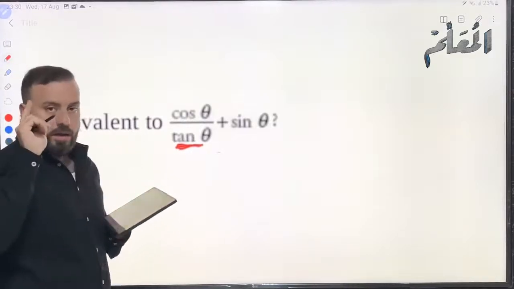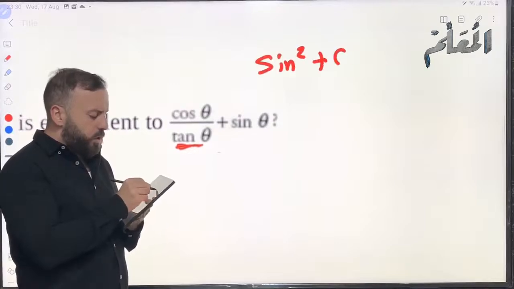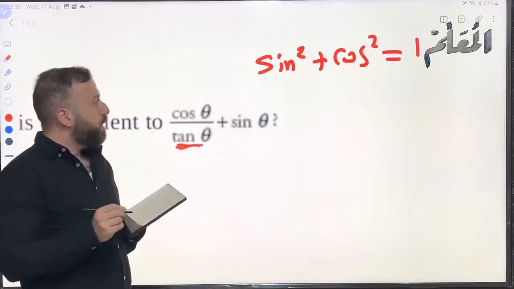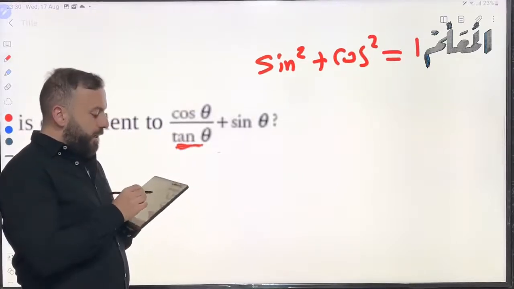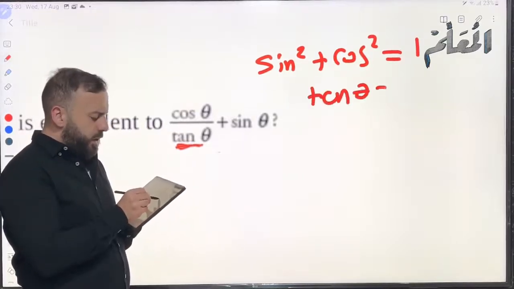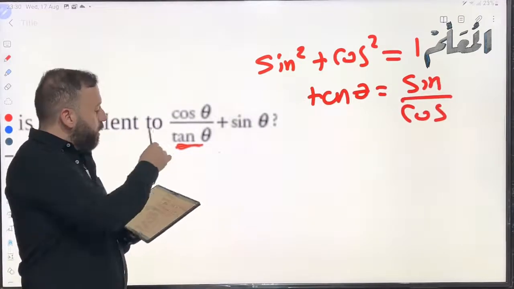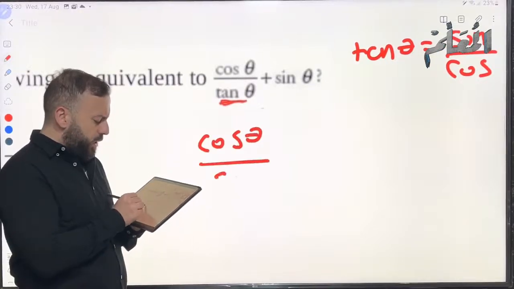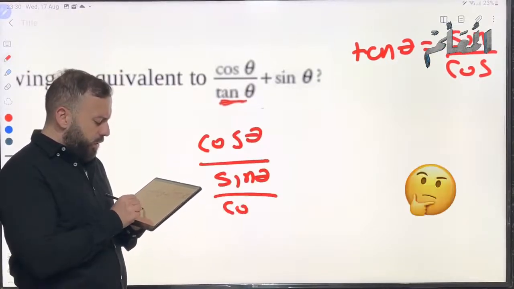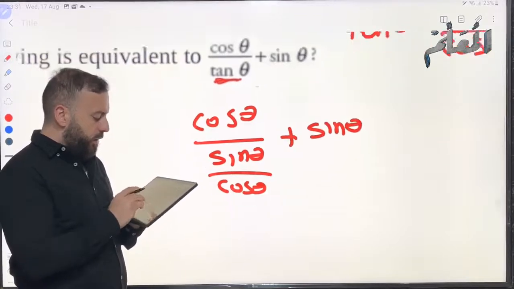There is an identity in M1 that I need to memorize: sine squared plus cosine squared is equal to 1. And I know that tan theta is equal to sine over cosine, so I replace tan with sine over cosine. So cosine theta over sine over cosine plus sine theta.